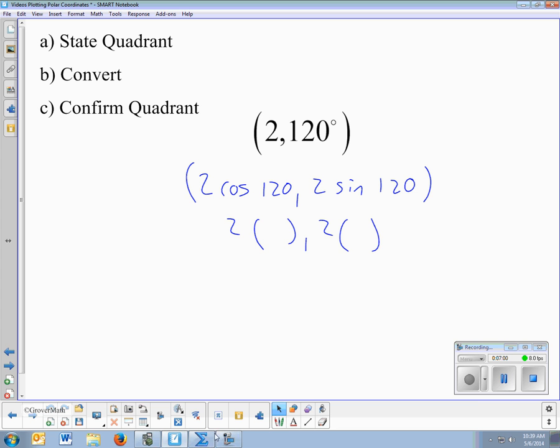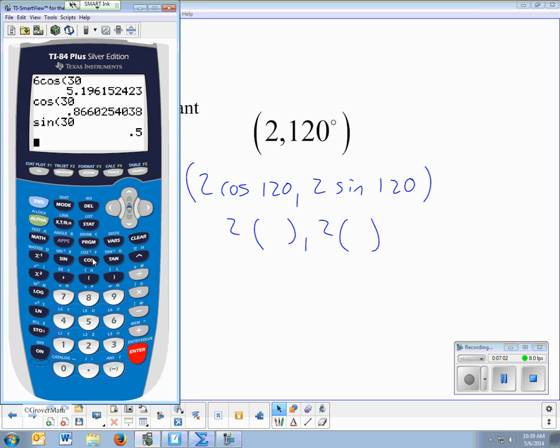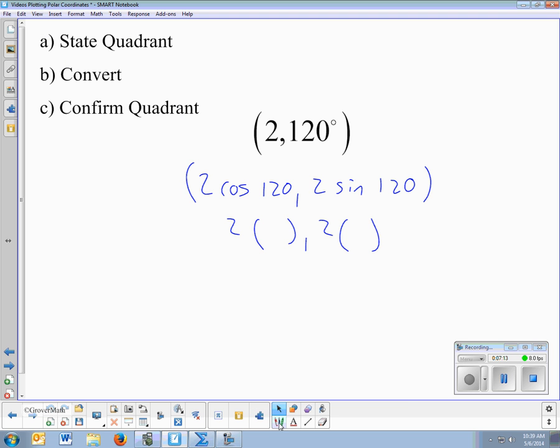And I'm going to get those from my calculator, and they can be recognizable decimals. So cos 120 is negative 1/2, and sine 120 is 0.866, and it's positive. So negative 1/2 and positive rad 3 over 2.